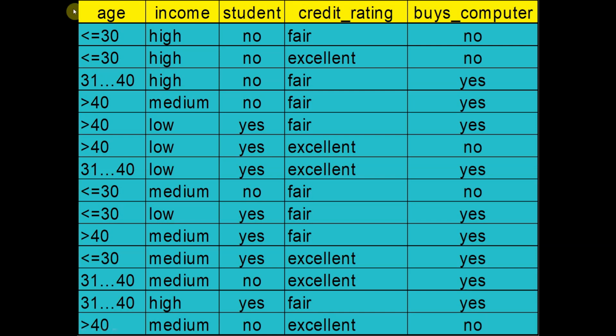Another thing you need to understand is that each data is in categories. Age has 3 categories. Income has 3 categories. Student has 2 categories. Credit rating has 2 categories as well. Of course, in a realistic data set, credit rating can have like 5 different categories, and income can be divided into like 10 different categories.